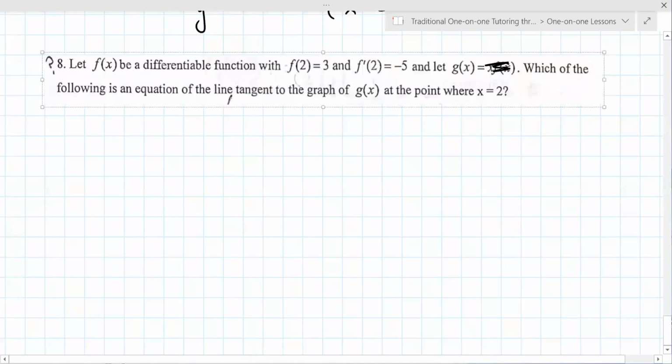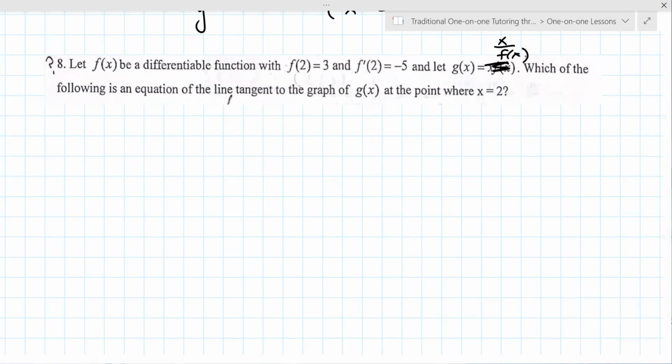We're going to make it x over f of x. So it's the same question. You have to find g of 2, but it's now x over f of x.